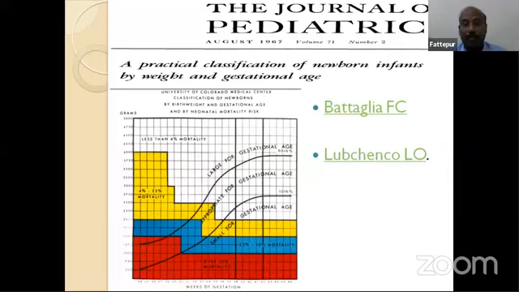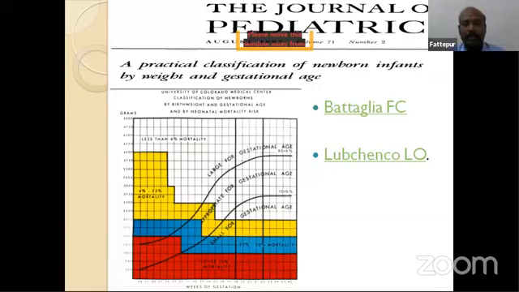He took a period of 12 years, and took the anthropometric measures from more than 5,000 neonates, and made that chart and published it in the Journal of Pediatrics.